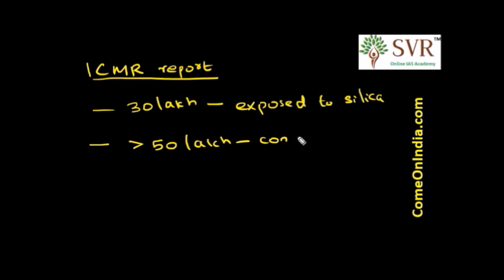According to the ICMR report, ICMR stands for Indian Council of Medical Research, about 30 lakh workers in India are at high risk of exposure to silica. Apart from that, more than 50 lakh construction workers are also at the risk of silica exposure.